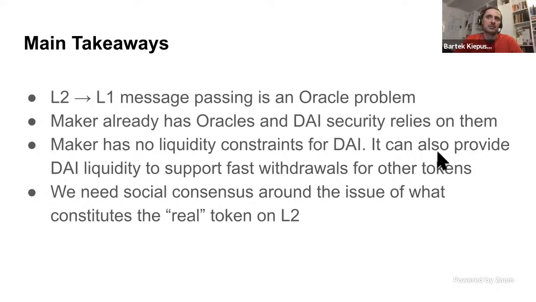And also, this scheme can be used to provide DAI liquidity to support fast withdrawals for other tokens as well. It's a little bit different, but it definitely can be used, and we're really happy to talk with other projects on how we can achieve that. And also, the last note, we need social consensus around the issue of what constitutes the real token on L2.